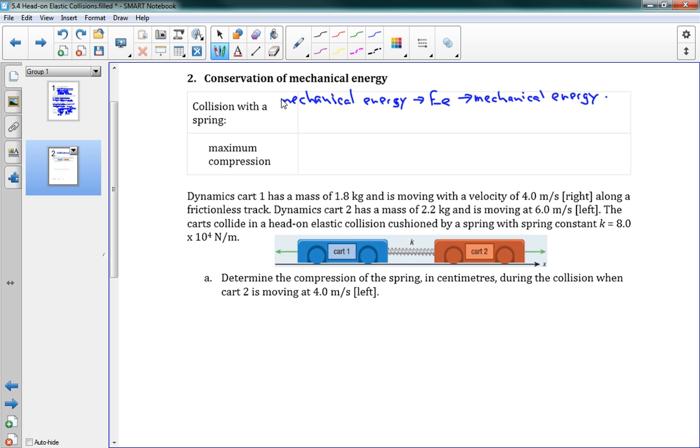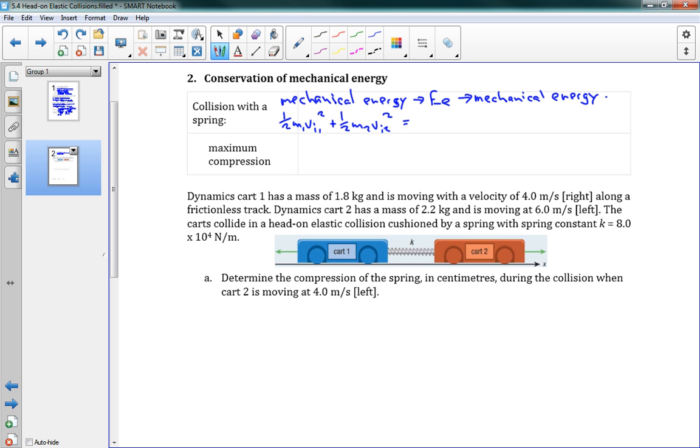And so our equation here, if we're saying that energy is conserved, and let's just use this first process. We just start with mechanical energy, and we convert into mechanical plus elastic. So we're giving some of our kinetic energy into elastic. So the equation we might use is something like this. We've got 1/2 m1 vi1 squared. So this is the kinetic energy at the start of the first object, plus 1/2 m2 vi2 squared.